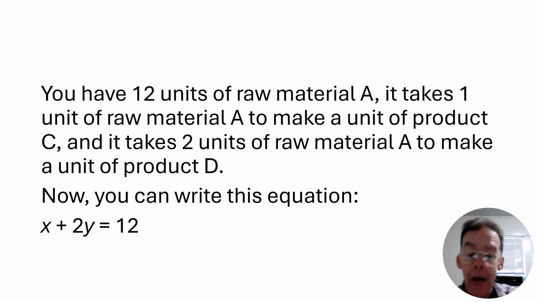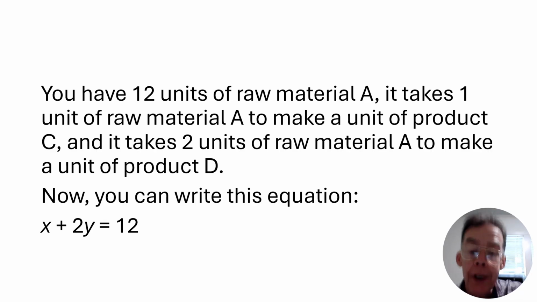So we write all that down. You have 12 units of raw material A. It takes 1 unit of raw material A to make a unit of product C, and it takes 2 units of raw material A to make a unit of product D. Now you can write this equation. So X stands for product C, and it only takes 1 unit of raw material A to make a unit of product C. So imagine a 1 before that X. We never write that 1, but it's sort of there.